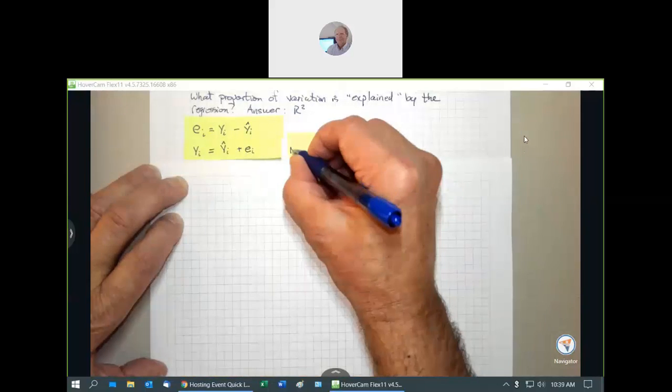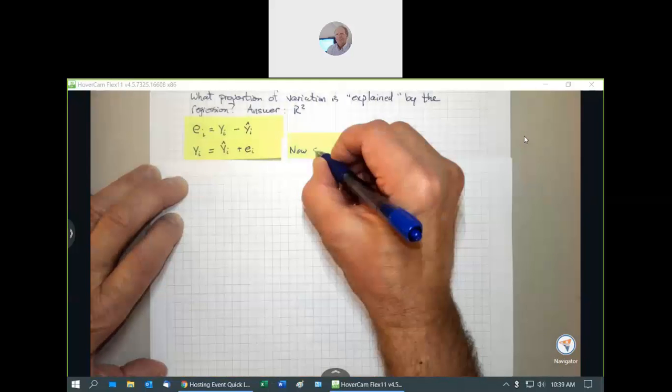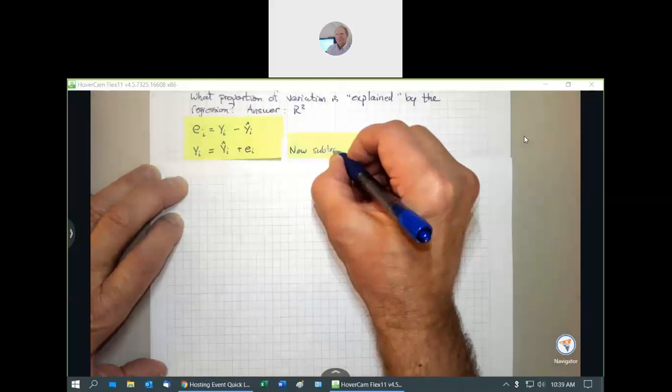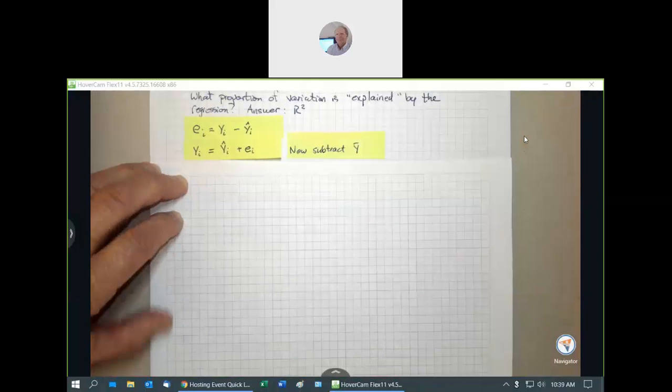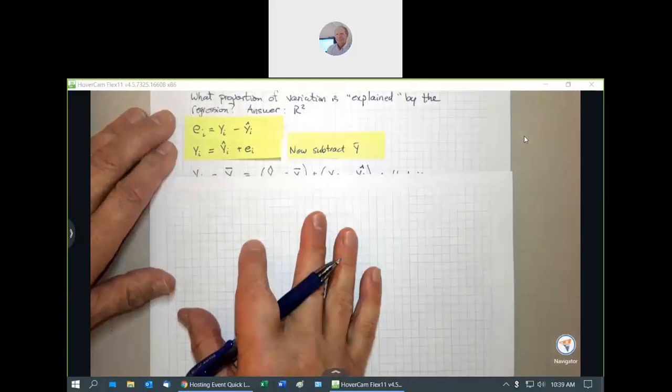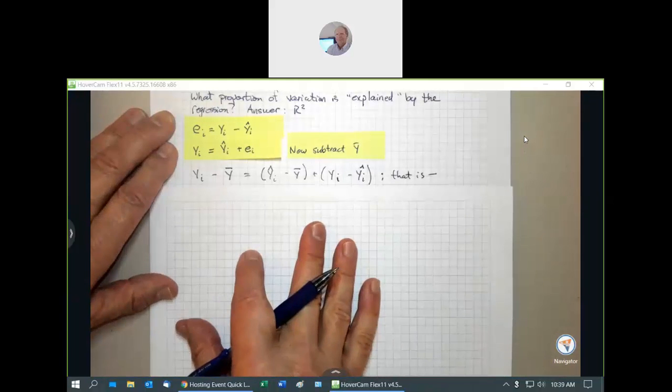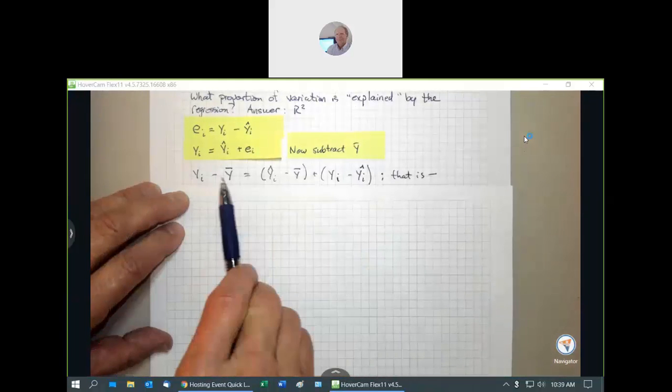And at this point, if we now subtract y bar, the mean of the dependent variable, from both sides, look what we get. We get that yi minus y bar, see that?